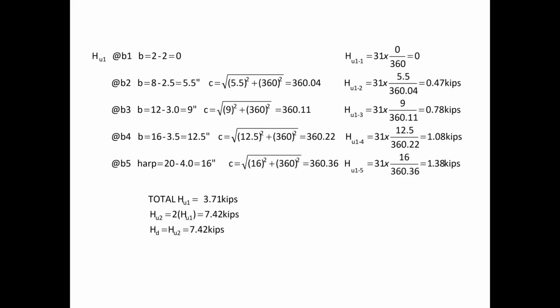Same process for strand number 3. At the end of the bed, we're given that it's at 12 inches. But at the hold down location, if you look at section AA, you can see that it's at 3 inches. It's a 1/2 inch above strand number 2 because they're a 1/2 inch apart.